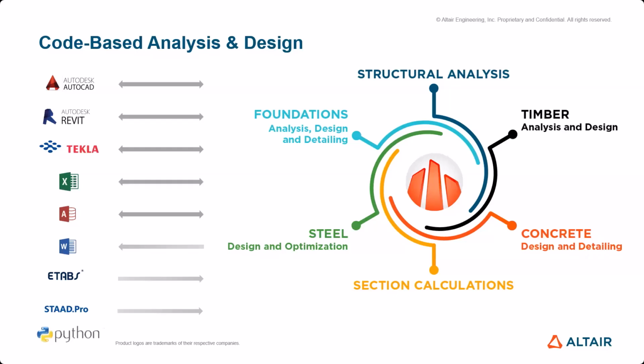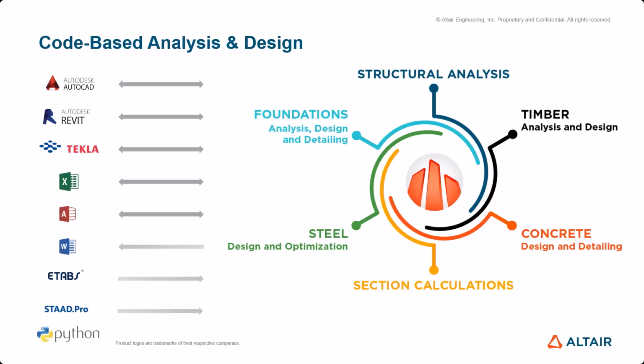Everything starts with a structural analysis that you can import from different third-party options like Autodesk tools, from Tekla, from ETABS, which this workflow that we're going to be presenting also applies to.